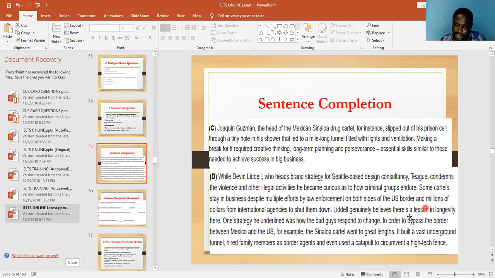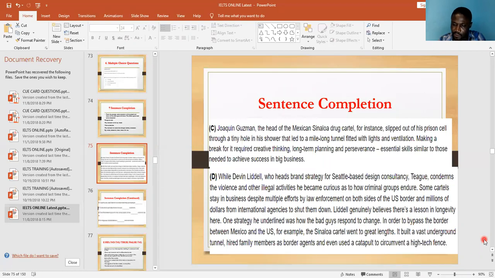Lindell genuinely believes there is a lesson in longevity here. One strategy he underlined was how the bad guys respond to change. In order to bypass the border between Mexico and the US, for example, the Sinaloa cartel went to great lengths.